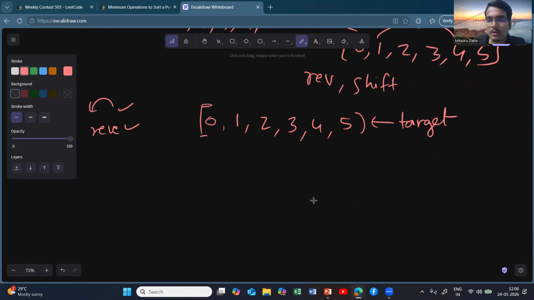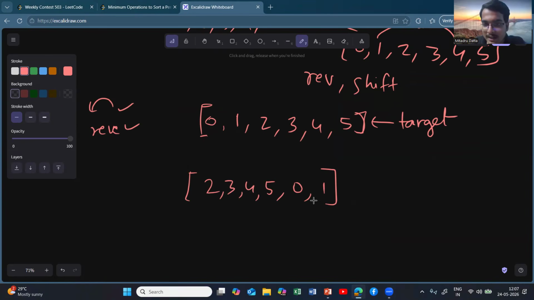Okay, so one thing you see, what if the array is present something like this? Let's say 2 3 4 5, and let's say it's present to be 0 1. Okay, the array is present something like this. Then you see that this array is actually cyclic in nature.